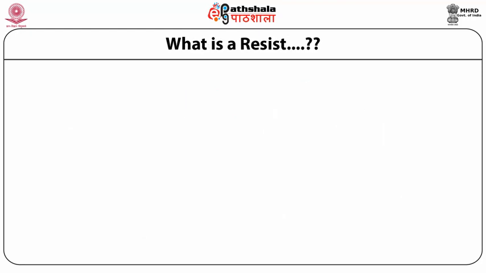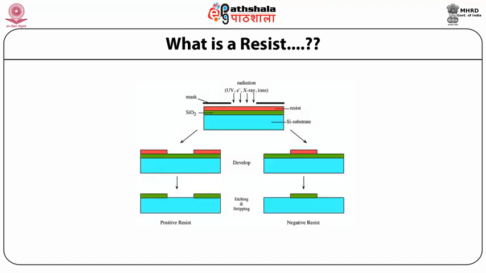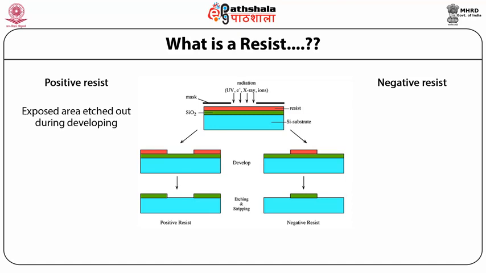Now the question arises, what is a resist? Resist, basically a photoresist, is of two types, that is a positive resist and a negative resist. For a positive resist, the exposed area is etched out during developing, and an example of a positive resist is PMMA.